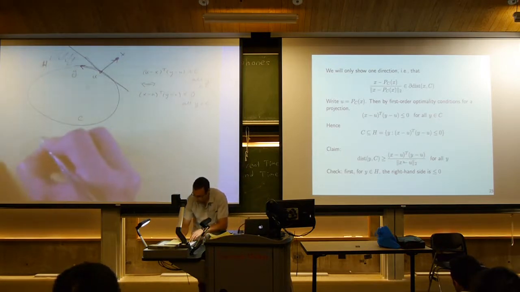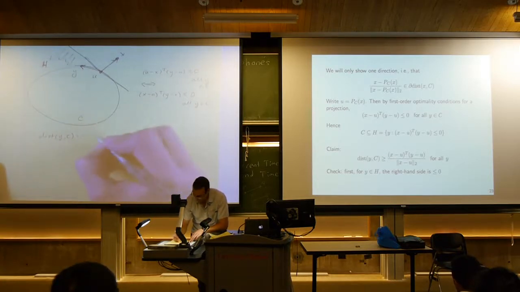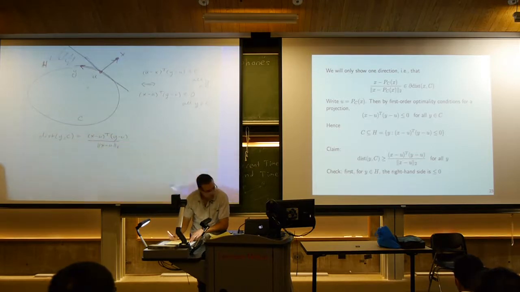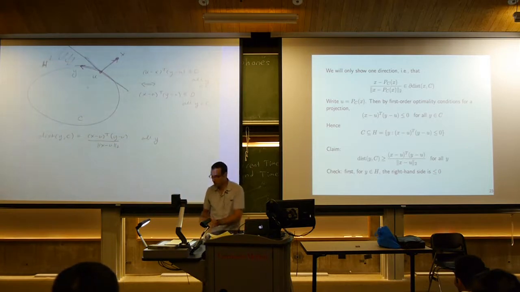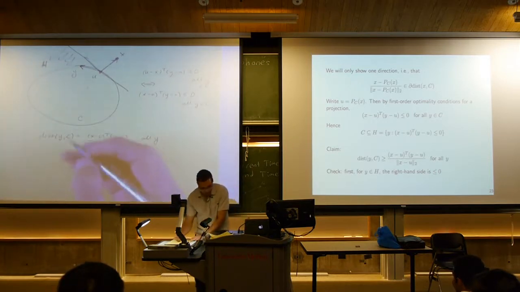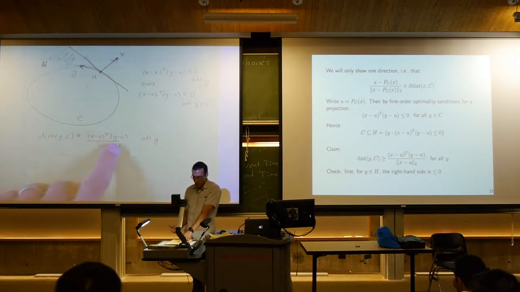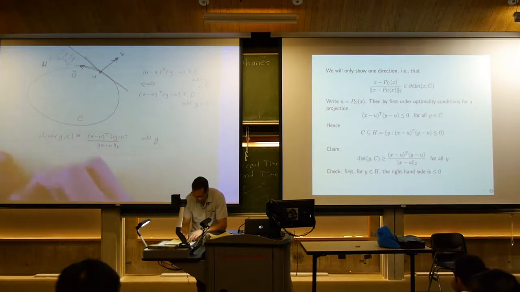Let me draw it for you on the picture, and then we'll do a proof by picture kind of thing. This is supposed to be true for all y. The distance between any point y in the set C is bigger than or equal to (x minus u) transpose (y minus u) over the norm of x minus u. So let's look at a few cases.